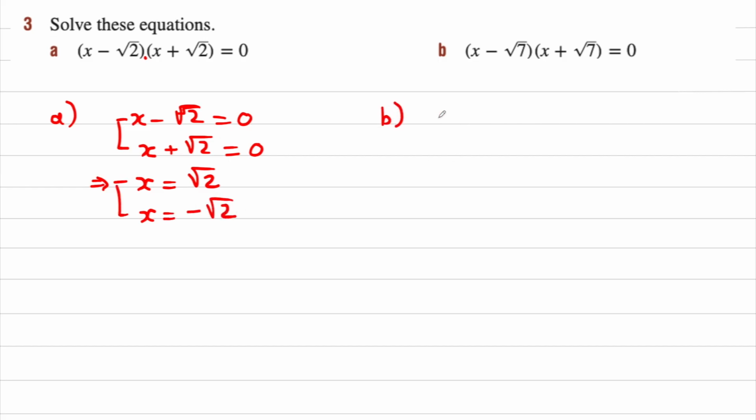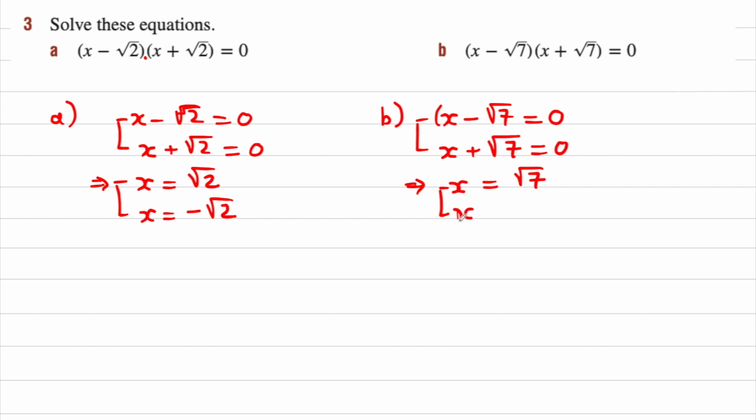The same idea for the next question: h minus square root of 7 equal to 0, and then h plus square root of 7 equal to 0 too. H equal to square root of 7 and then h equal to negative square root of 7.